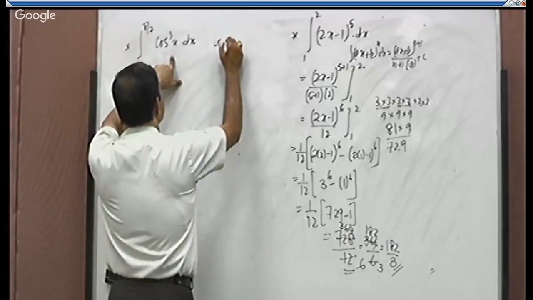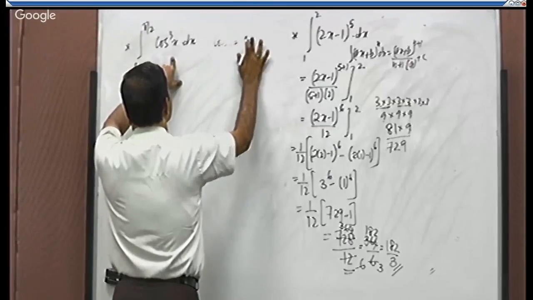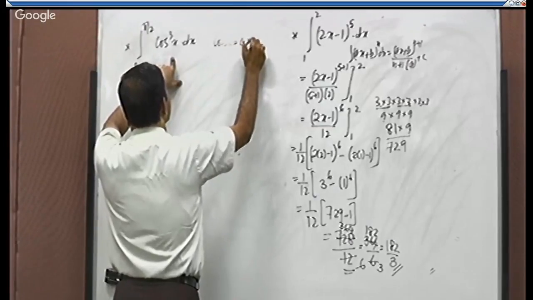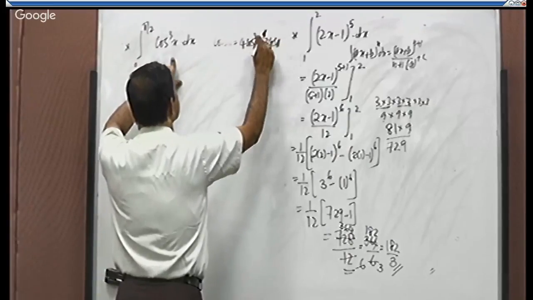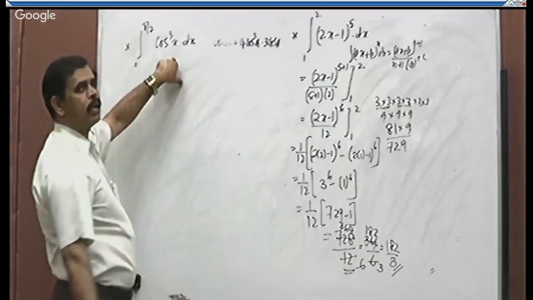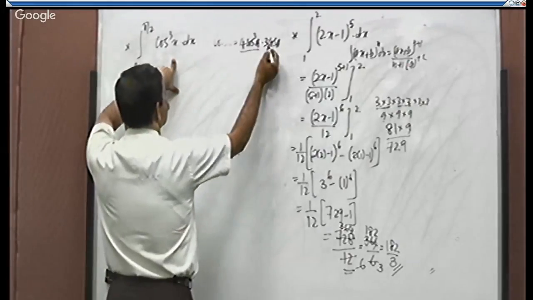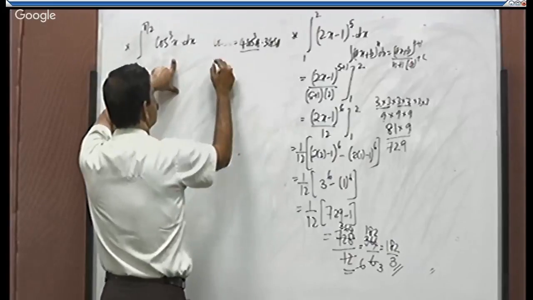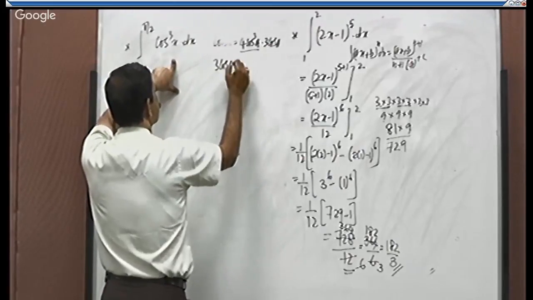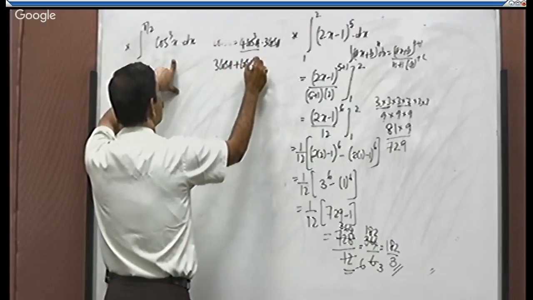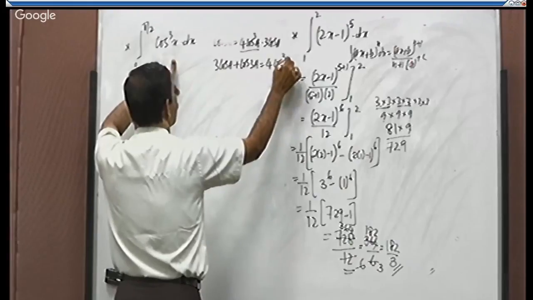Cos 3a is equal to 4 cos cube a minus 3 cos a, right? From this, if I take minus 3 cos a to this side, it becomes plus 3 cos a plus cos 3a is equal to 4 cos cube a, right?